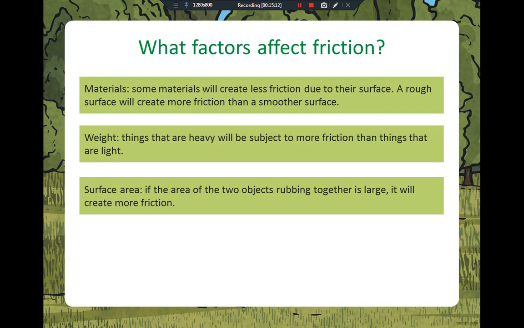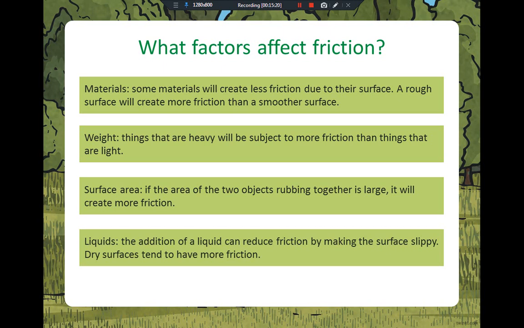If the area of the two objects rubbing together is large, it will create more friction. And liquids. The addition of a liquid can reduce friction by making the surface slippery. Dry surfaces tend to have more friction.